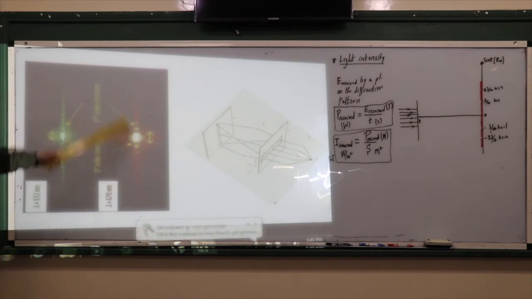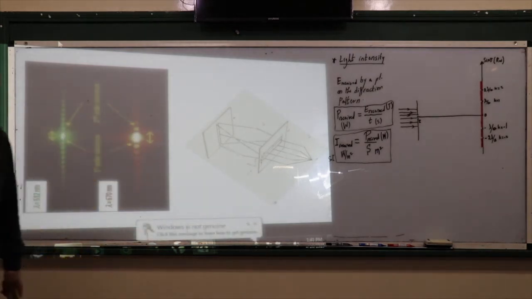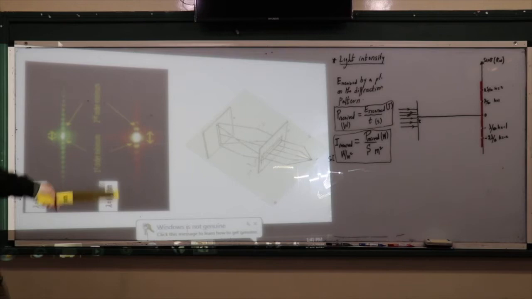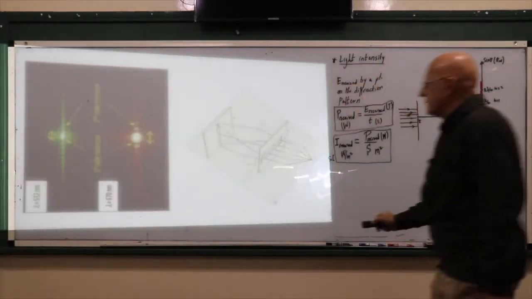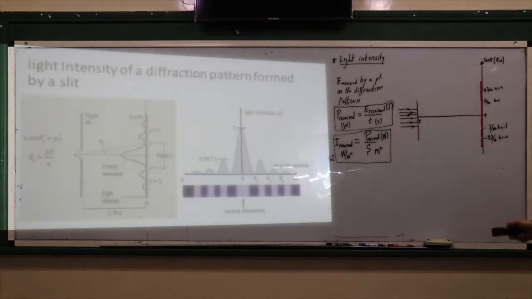Okay? So, I want to study the variation of the intensity of light at the fringes with theta, yani with the distribution of the fringes. To do this, look at this figure. Okay.